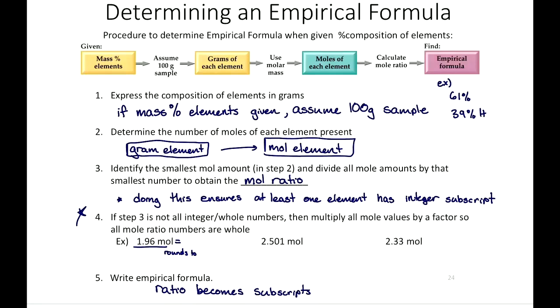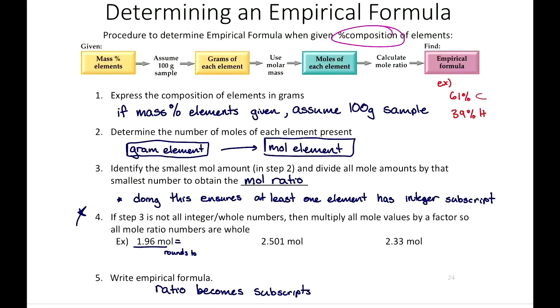So we can determine an empirical formula when given percent composition data of the elements, right? So for example, I'll put this in red here so it's easier to see. If I tell you that you have a sample that is 61% carbon, 39% hydrogen by mass, the idea here is to turn percents into gram amounts that we can actually work with.